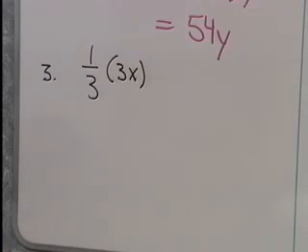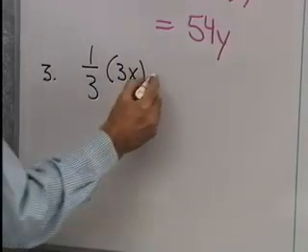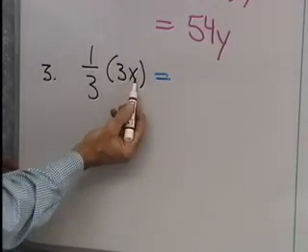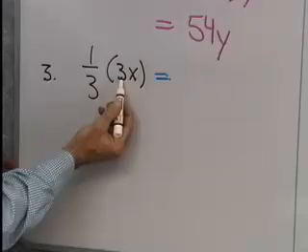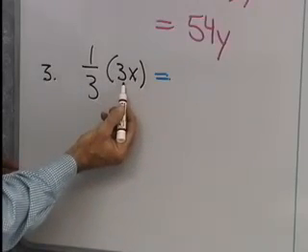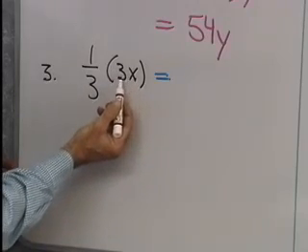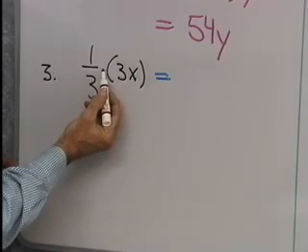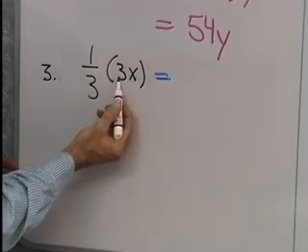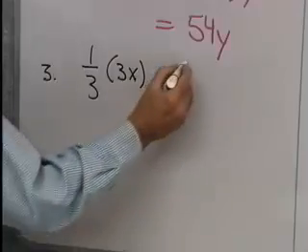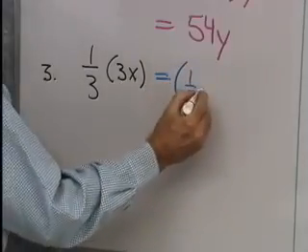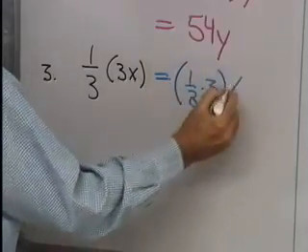Here's another problem. How about 1/3 times 3x? Well, this is also going to be the associative property. Instead of grouping the 3 and the x together, and this is multiplication between 3 and x, they're not connected together. It's multiplication. So I'm going to change the grouping from 3 and x to 1/3 and 3, and write this as 1/3 times 3 times x.